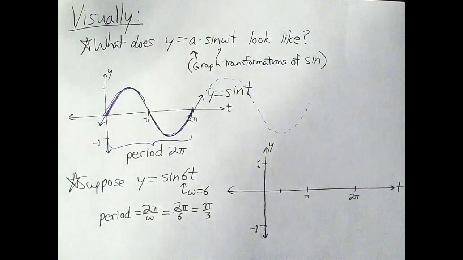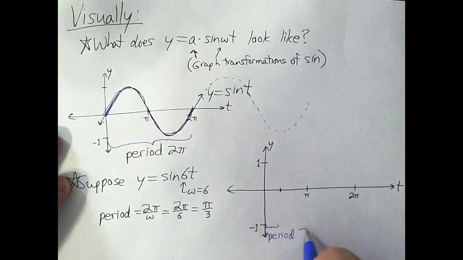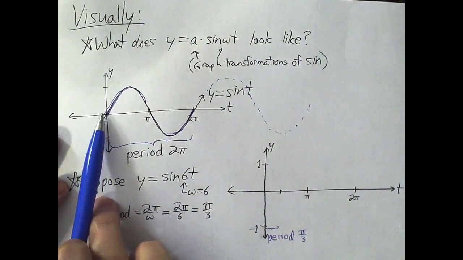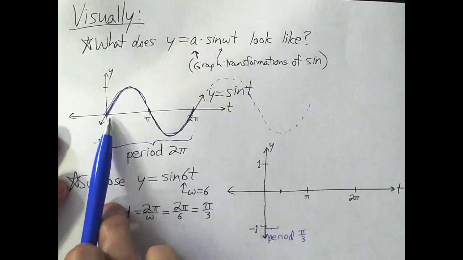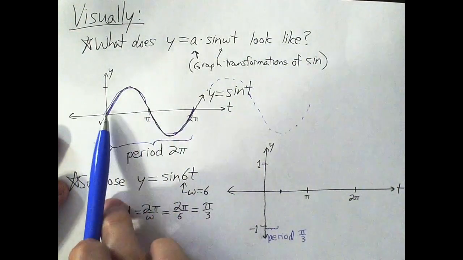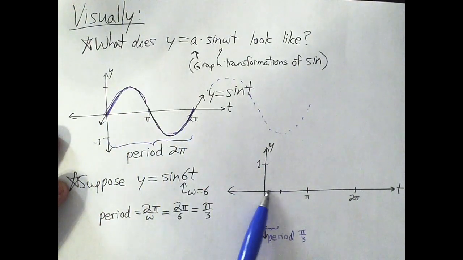So the period is just this. Period is pi over 3, which means that the original graph of sine that goes up and down and back up, it needs to do all of that between here and here.